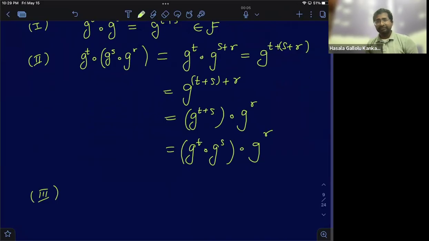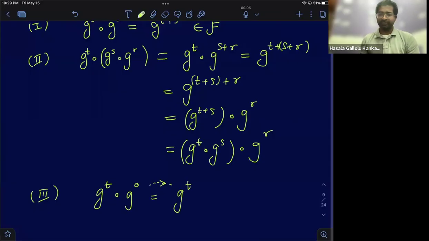What is the identity? We know the identity, right? So the simple scenario here is you consider any GT, any element from that collection, which will inherit this form, and you're going to just operate G0. That is going to be just the same thing as GT. I'm not going to say much about this because this is pretty obvious, right?